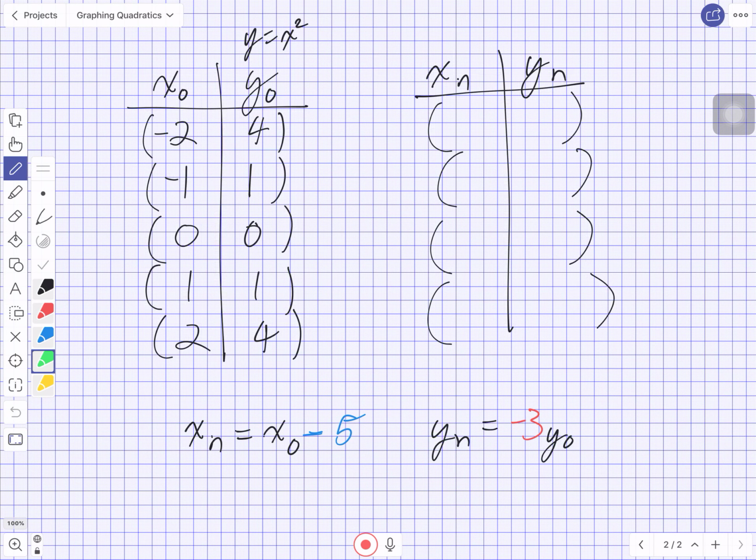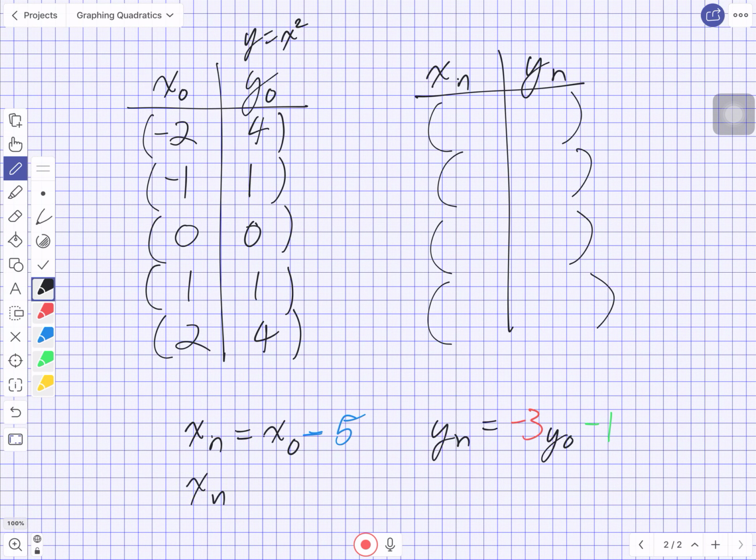Great. So are you okay with how we built these formulas? The very first thing we're going to do is take this coordinate. So -2 is going to go into this x, 4 is going to go into this y here. Then we equate, and whatever values we get, we plug in as the new coordinates. So let's attempt this here.